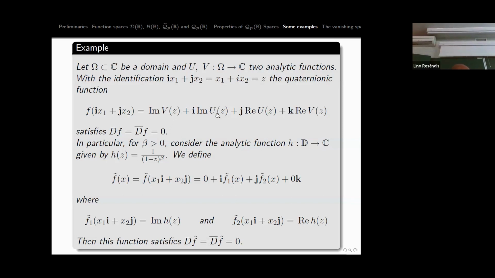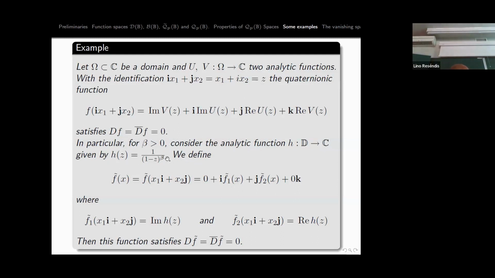This quaternionic function satisfies that D of F is equal to D bar of F, and both are equal to 0.